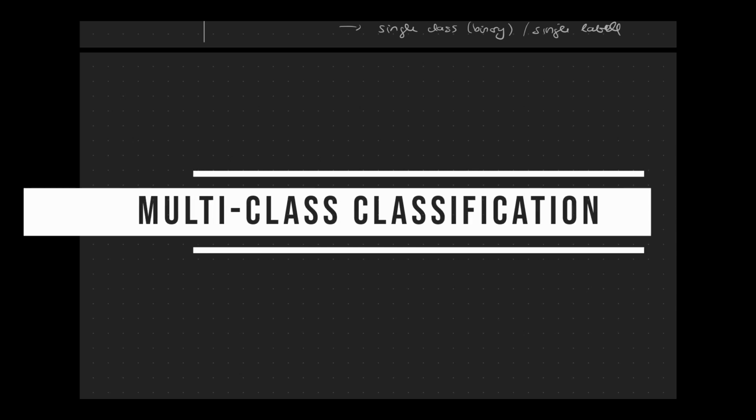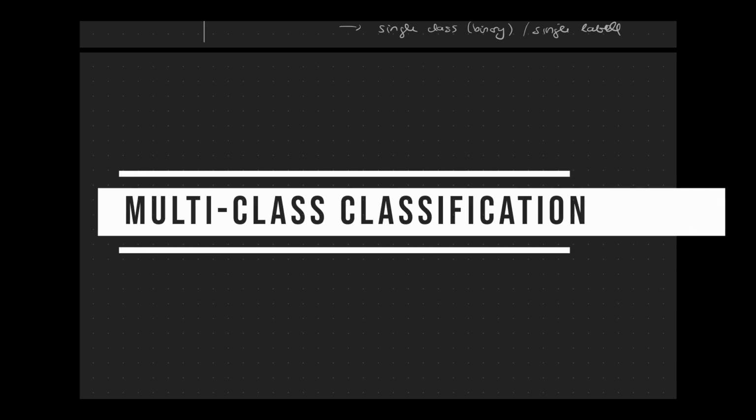And now the question is, can we extend our finding to multi-class classification? What we had is that the probability that, given z, it belongs to class k is a map from the real numbers onto 0 to 1.